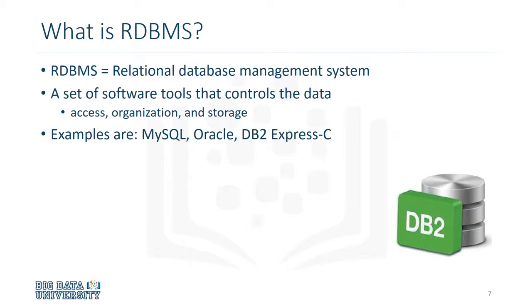RDBMS is a set of software tools that control the data, such as access, organization, and storage. An RDBMS serves as the backbone of applications in many industries, including banking, transportation, health, and so on. Examples of relational database systems are MySQL, Oracle Database, and DB2 Express-C.